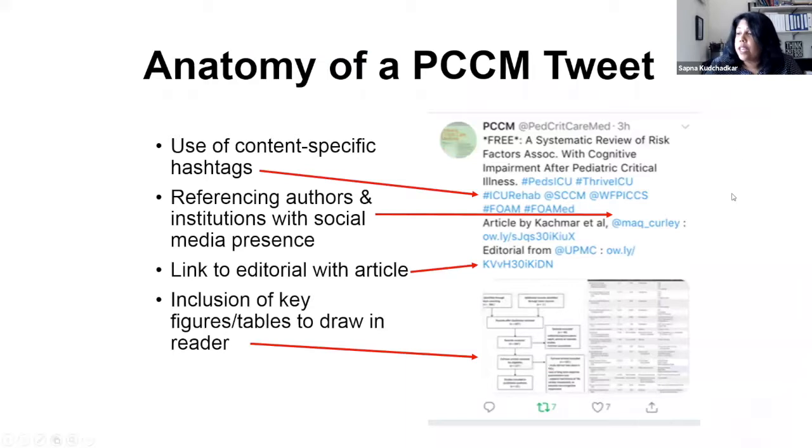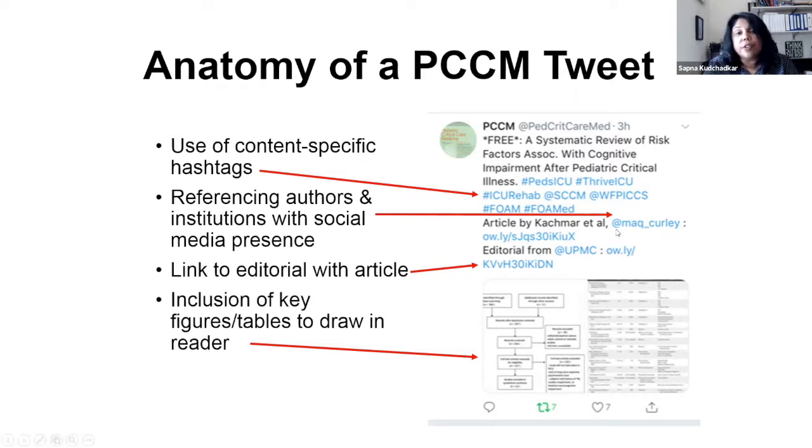So for the Pediatric Critical Care Medicine journal, just as an example, and this is what many journals use in terms of their format, here is a basic title slash take-home message, including all of the relevant hashtags and the relevant organizations that would be interested. Unfortunately, Kashmar here did not have a Twitter handle, so there is no direct conduit to the first author for this tweet, which is why I wanted to show that.